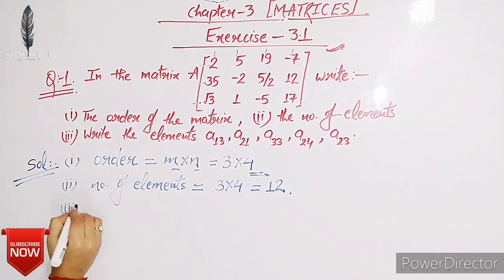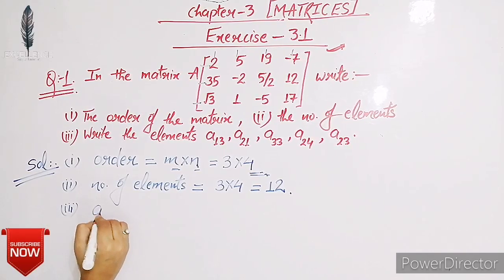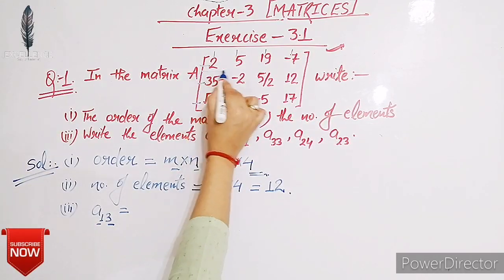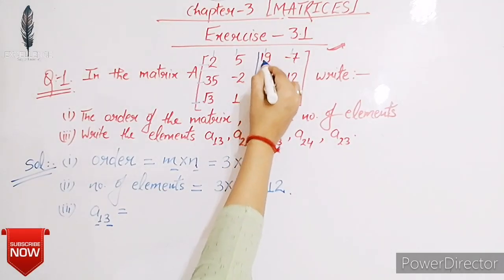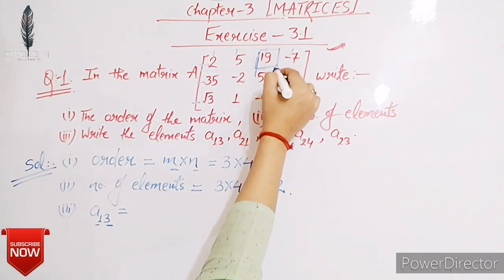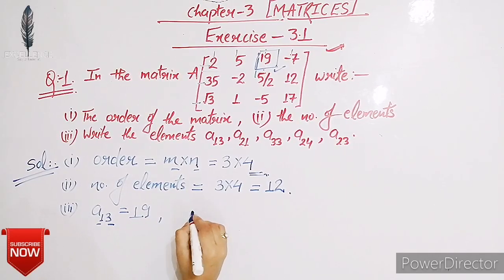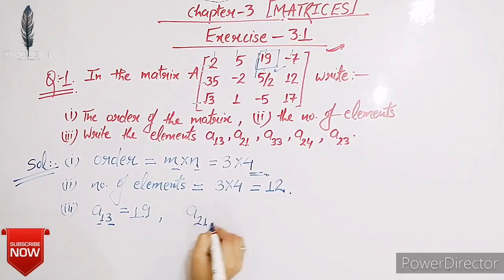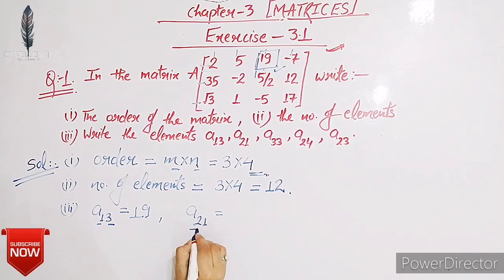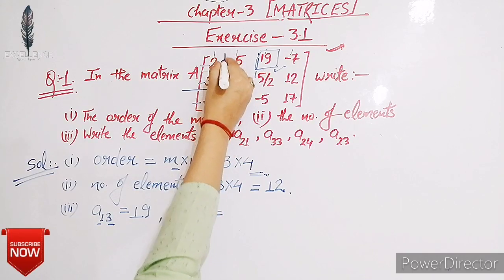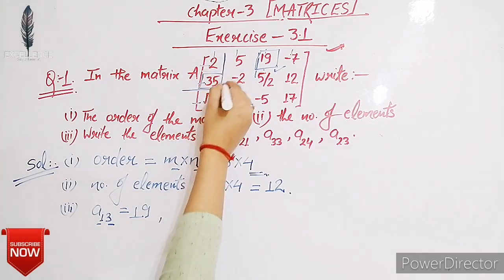Okay. Next, third, we have to find elements. First A13. 13 means first row, third column. The element lying in the first row, third column is 19. So A13 is equal to 19. Next A21. We have to see the second row and first column, and our element is 35.